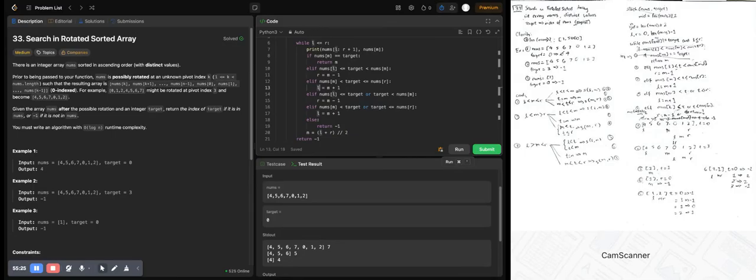So this one here has to be accompanied with an end where the left, hold on.